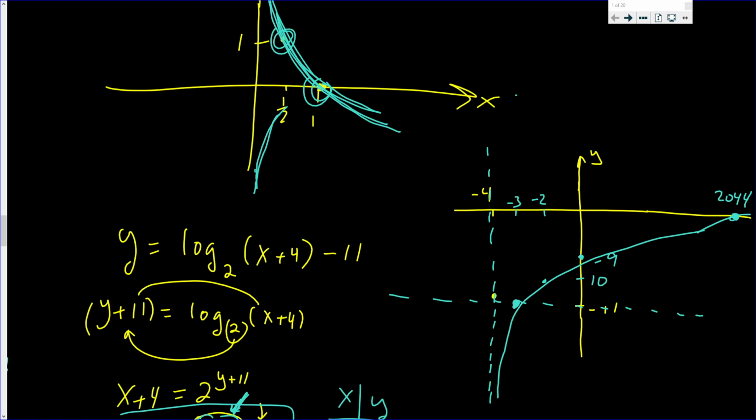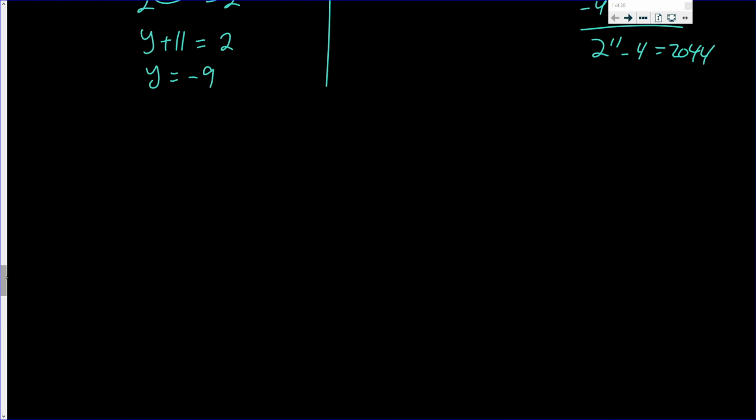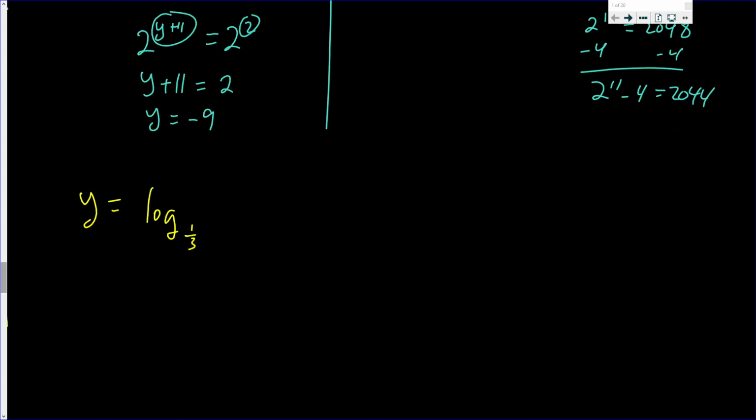Let us do one more like this. Y is equal to log base, what kind of base did we have last time? Log base 1/3 of x minus 2, plus 3. First thing you should do is just get log of something on one side. That is, get rid of the 3.